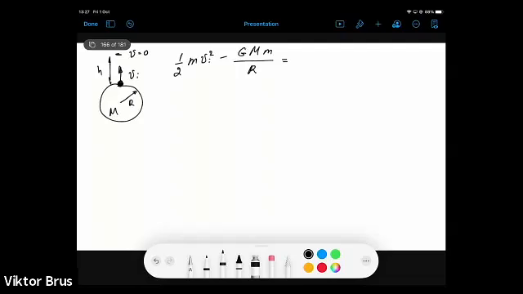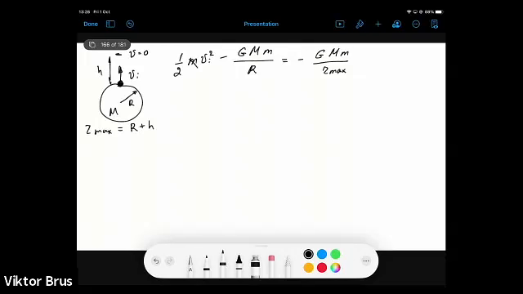And potential energy we can express as minus gravitational constant times mass of the planet times mass of the projectile divided by, let's call it R maximum. It will be the maximum distance from the center of the planet. So R maximum is equal to R capital, the radius of the planet, plus this height h with respect to the surface of the planet.